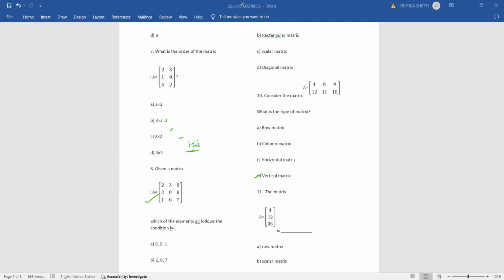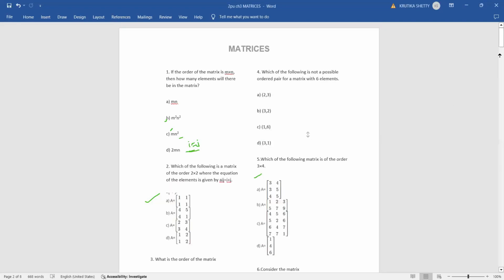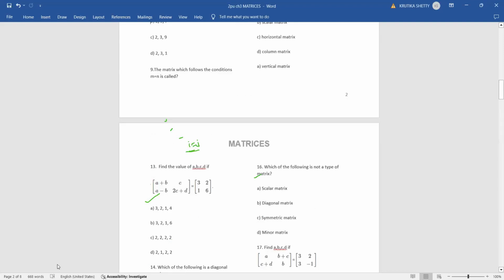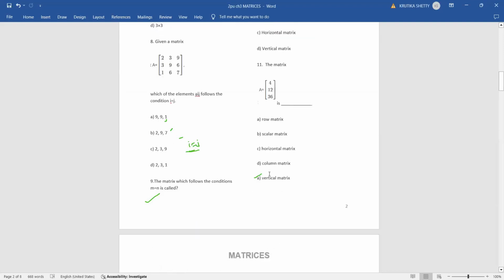When the number of columns is equal to 1, such a matrix is said to be a column matrix. So option D will be the right option.